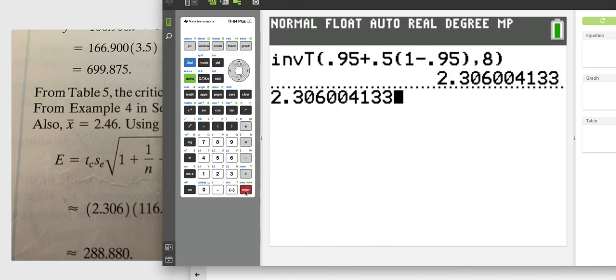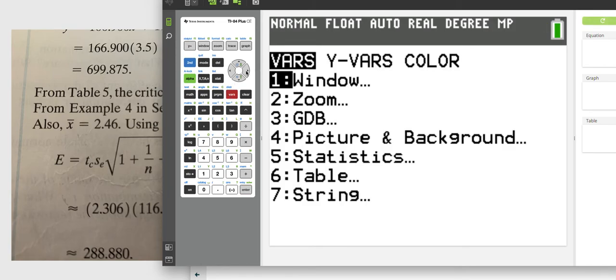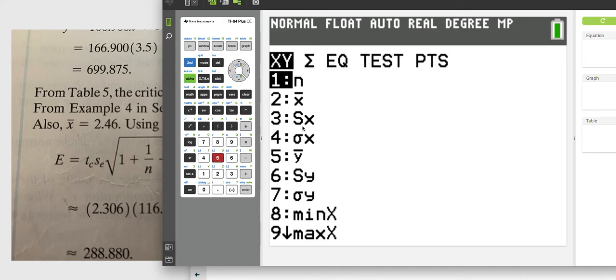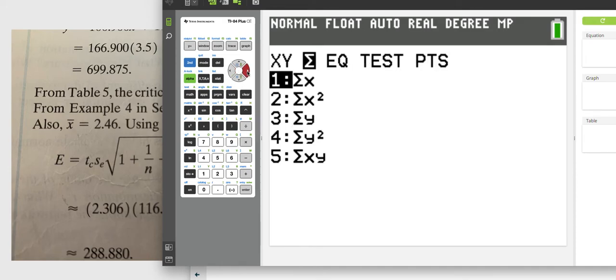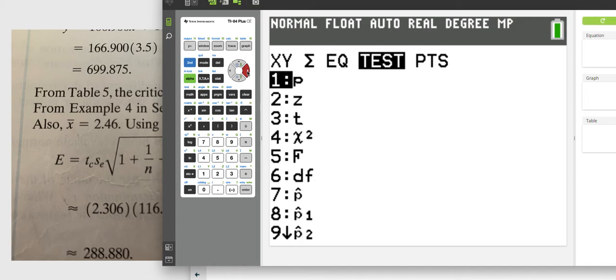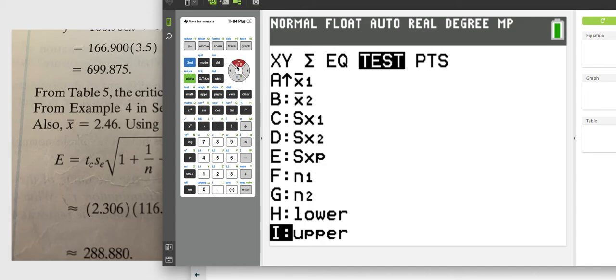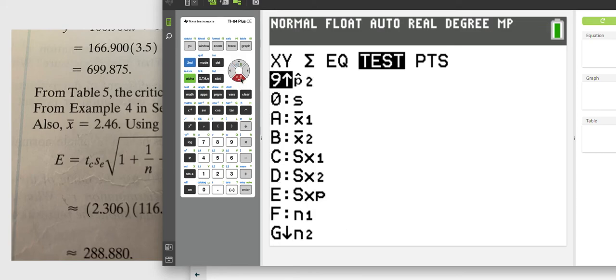Click on it. The second one I'm going to use is my standard error. That's going to show up in number 5. It's S. It's this S right here. Hit enter.